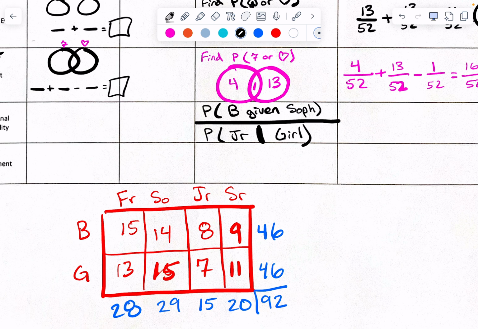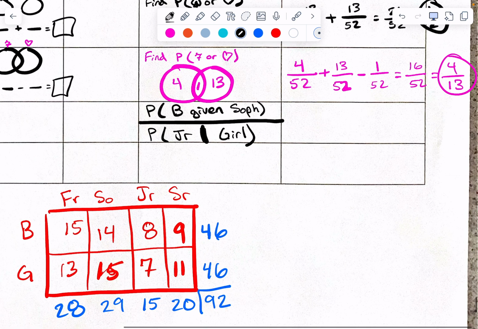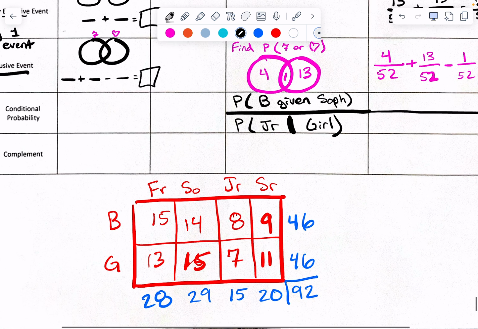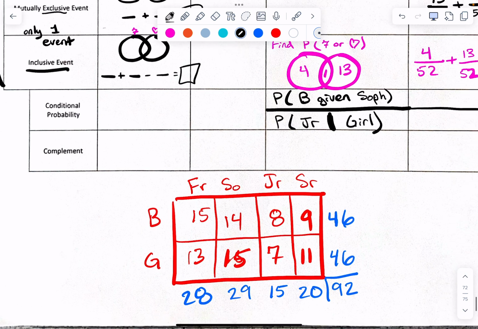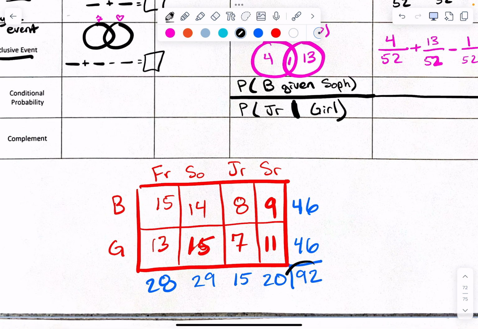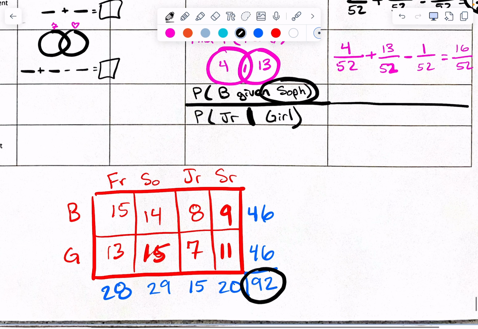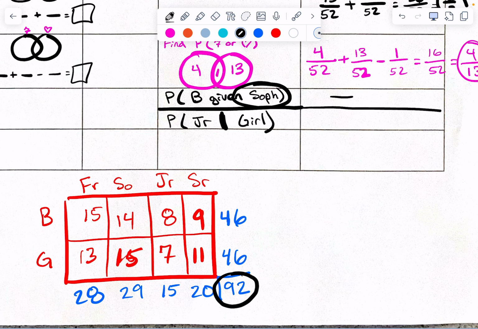Given. It means it's in the denominator. Under these conditions, I'm not looking at all 92 students. For the first one, I'm only looking at the sophomores. The sophomores is my new bottom number. So how many sophomores? 29. Of those 29, how many are boys? 14 out of 29.